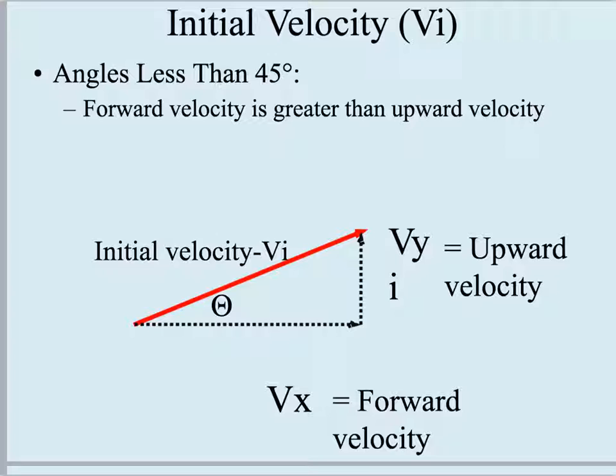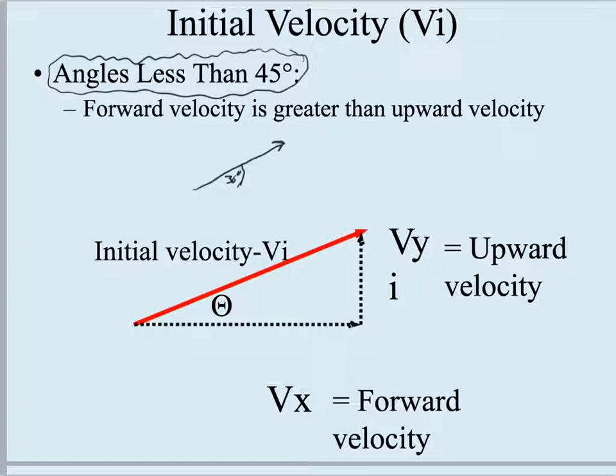So in an angled projectile, when the initial angle is less than 45 degrees, the forward velocity, the Vx, is going to be greater than the upward velocity. And if you think about it, it makes common sense. If I shoot something, let's just say 36 degrees, that's less than 45.